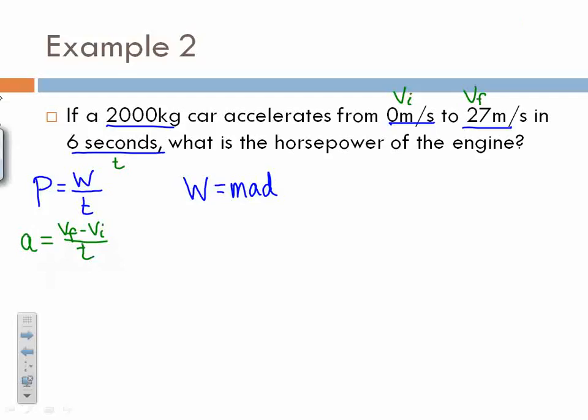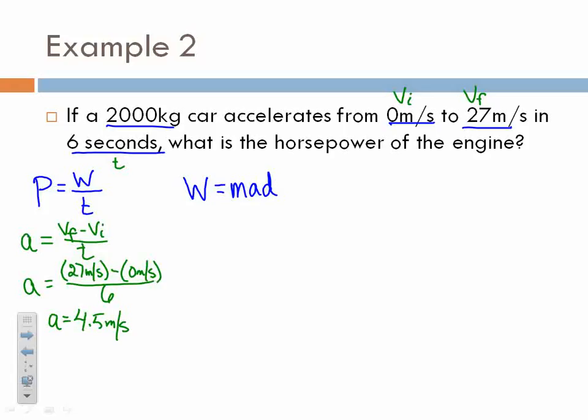So I'm going to use that, and substitute my numbers. I have 27 meters per second, minus 0 meters per second, over a time of 6 seconds, we get an acceleration of 4.5 meters per second squared. All right. So that's one of the things that I need.